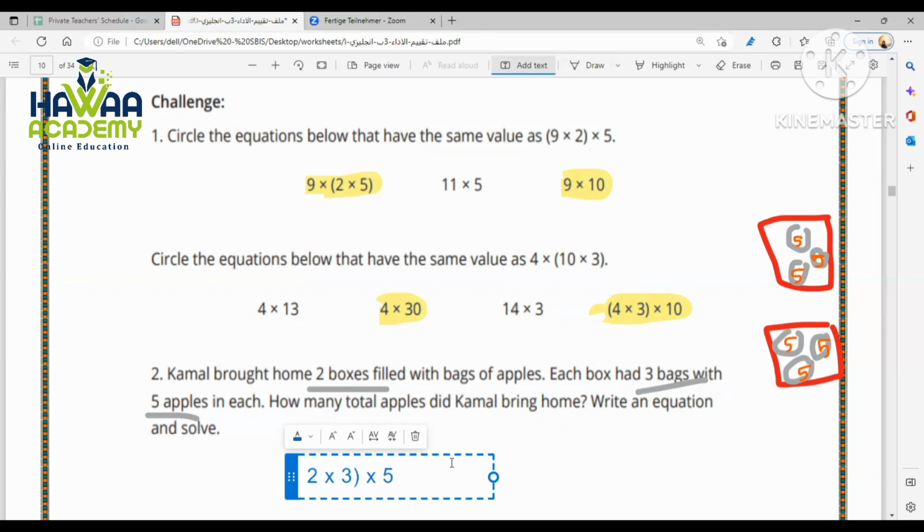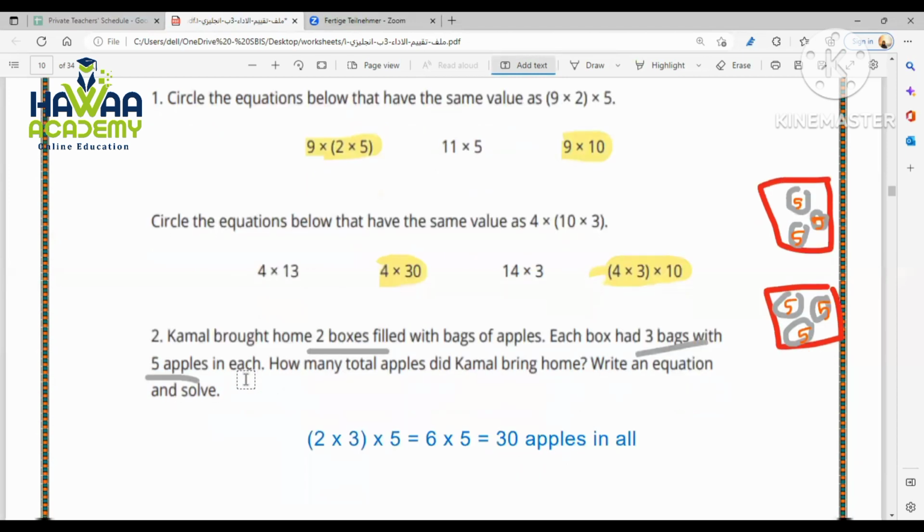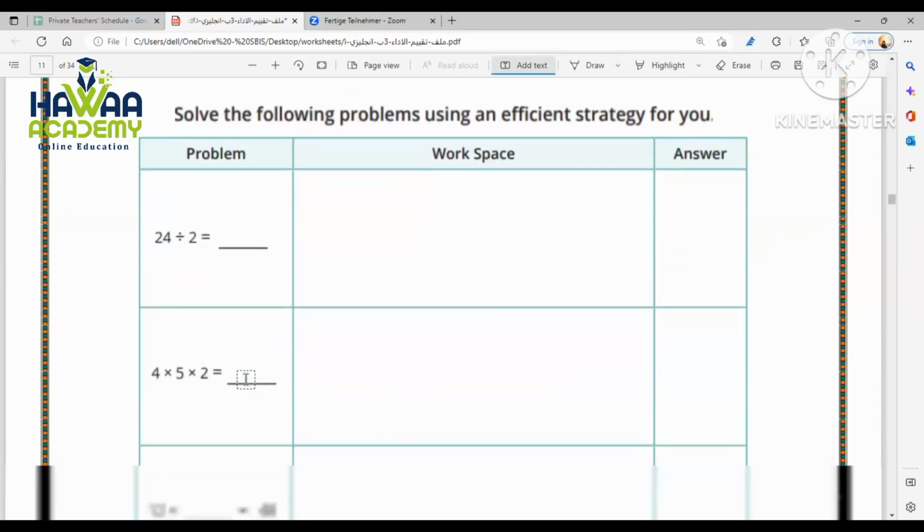Very good. So, using the associative property, 2 times 3 will be 6. Now, multiply by the 5 is going to be 30 apples in all. Easy. Now, let's have the next question.